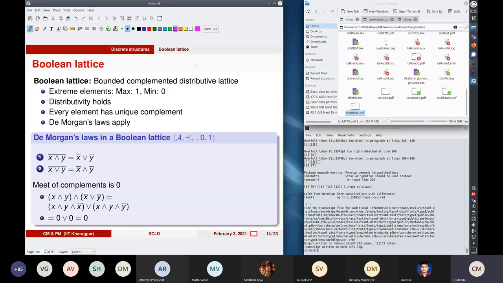So here is the property that their meet is 0. Here what you see is that we are just making use of the distributive property.